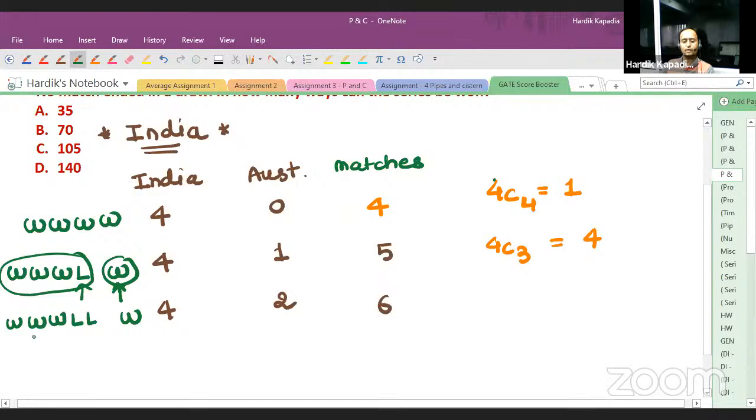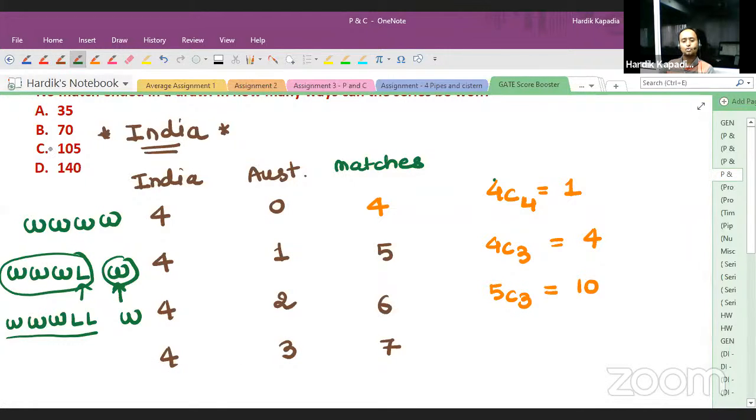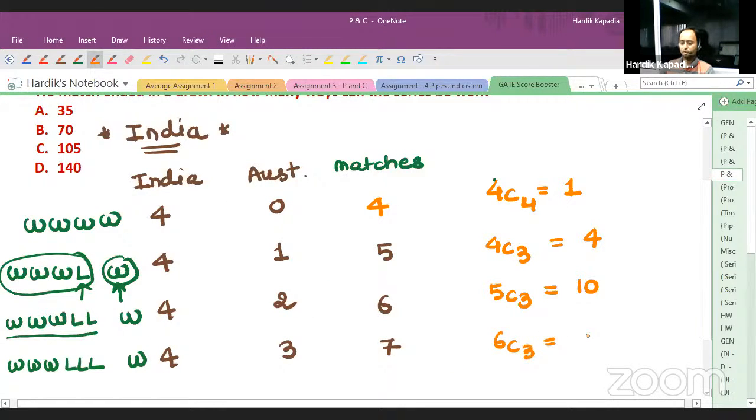So for this it is 5C3, which is 10. Now for 7 matches, 4 and 3: win, win, win, lose, lose, lose, and then win. So it has to be 6C3, which is 20. So the total of this is 35.